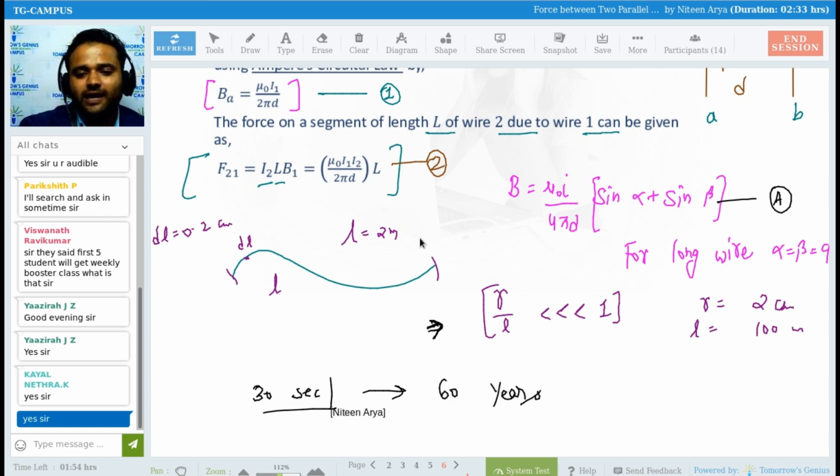So now this 30 seconds is going to be treated as a very infinitely short duration, or you can say this 60 years is going to be treated as infinite time as compared to this range. Clear?